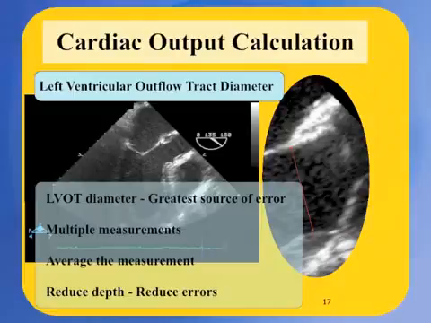Since this number is squared in the process of calculating the LVOT area, it becomes the greatest source of error in the calculation. It is thus prudent to conduct multiple measurements of the LVOT to ensure accurate measurements. It is best to average these measurements.